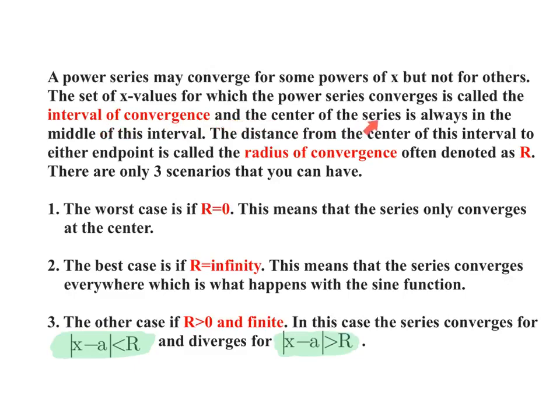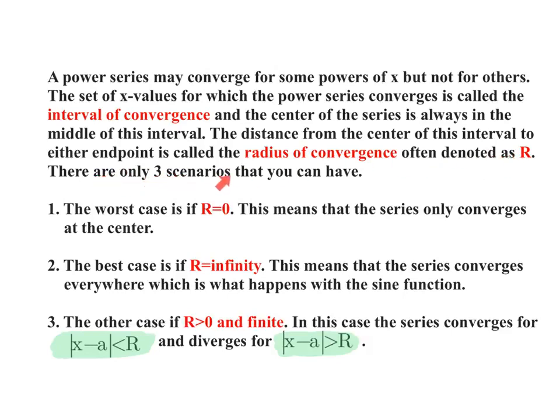The center of the series is always in the middle of that interval, and in the case that we were looking at, 4 was the center. The distance from the center of this interval to either endpoint is called the radius of convergence. That is an absolute value because it's a distance, and this is often denoted as r.